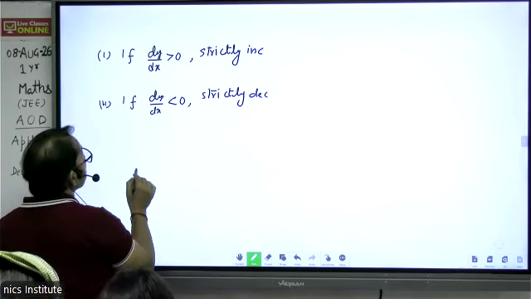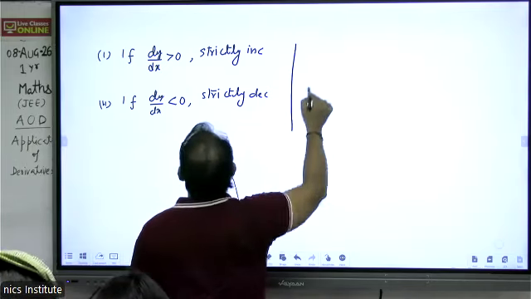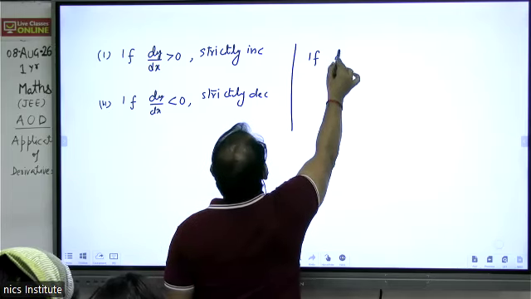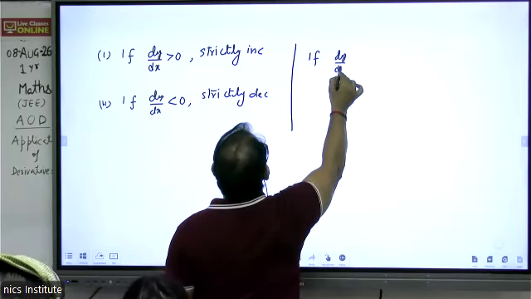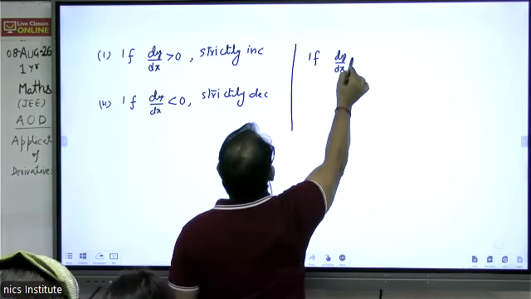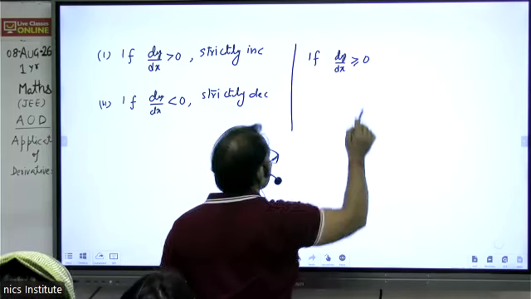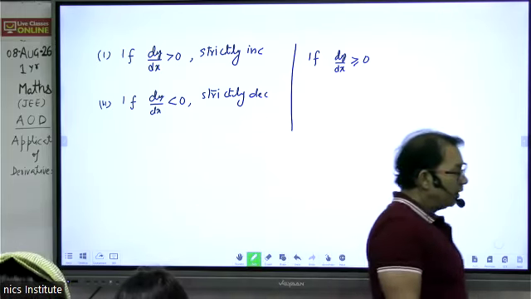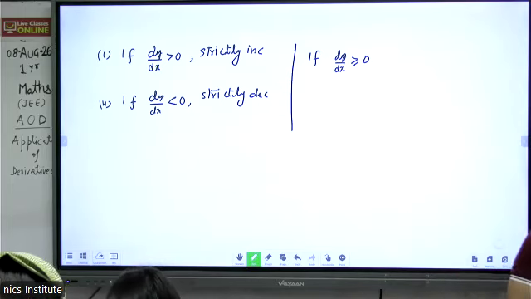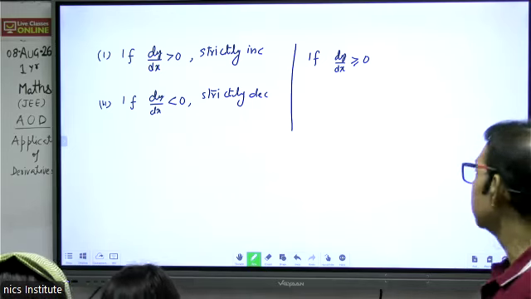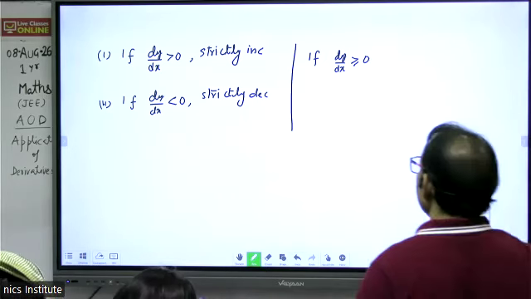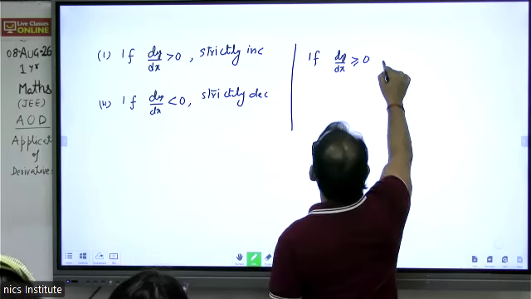But sometimes you come across a situation when dy by dx is not greater than 0, but it may be equal to 0 also. In some interval, if derivative is greater than or equal to 0, it would not be a strictly increasing function. It will be said to be simply an increasing function.